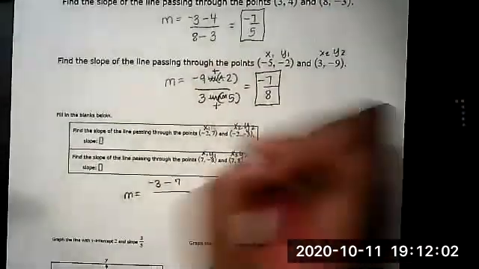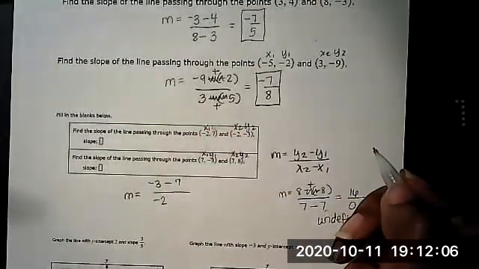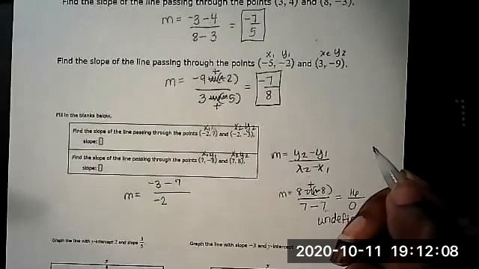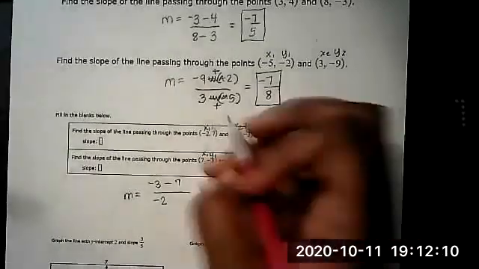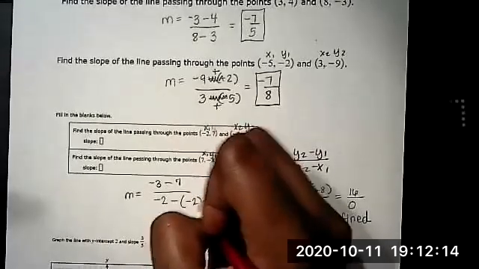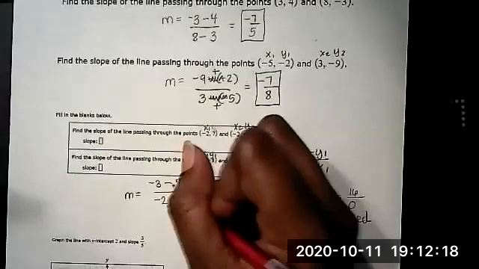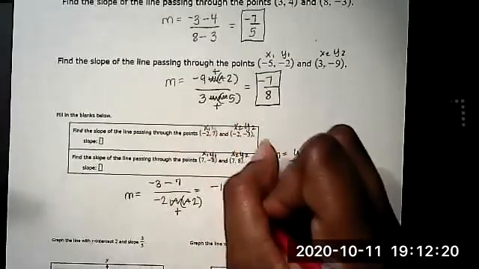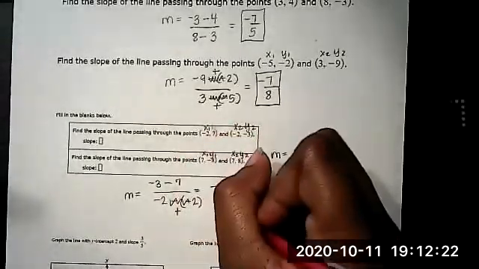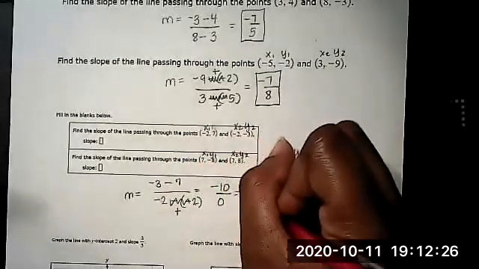Over -2 minus -2, which of course becomes plus. -3 minus 7 is -10, over 0. -2 plus 2 is 0. This is also undefined.